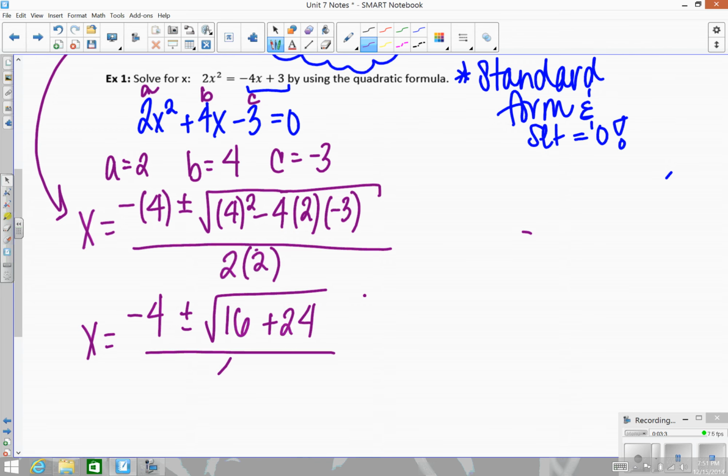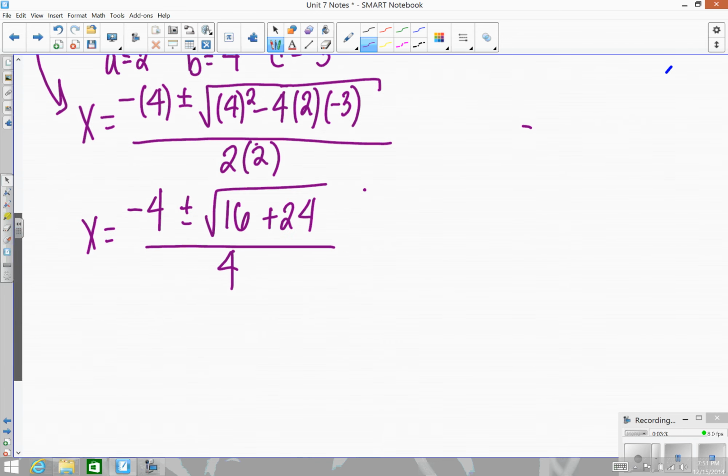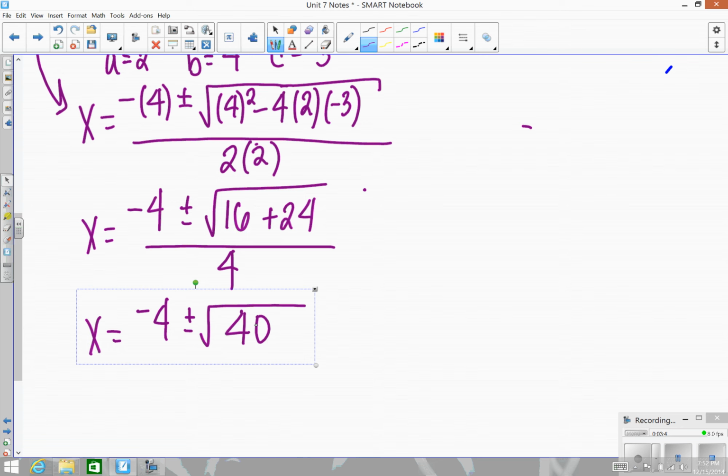And then I have 4 at the bottom. Again, I'm going to simplify underneath the radical, so I'm going to add the 16 and 24, so we get 40 all over 4. This is one of the answers, so you could put that in a calculator and get decimal approximations, but typically you want to simplify your answers.